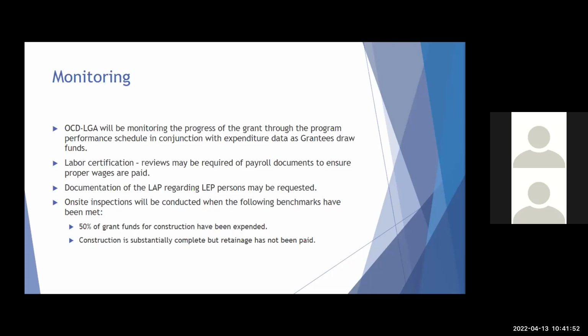Documentation of your language access plan regarding limited English proficiency persons may be requested. And we will be conducting on-site inspections when you have drawn 50% of your grant funds for construction. We will also conduct a final one when the construction is substantially complete, but retainage has not been paid.